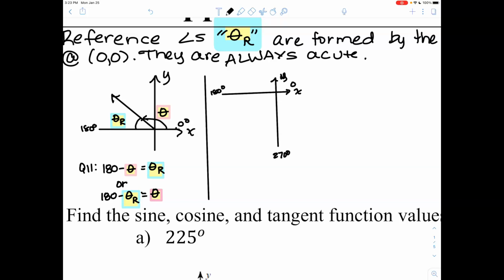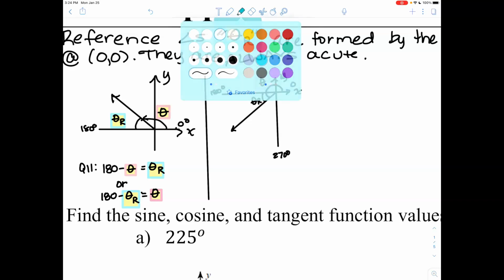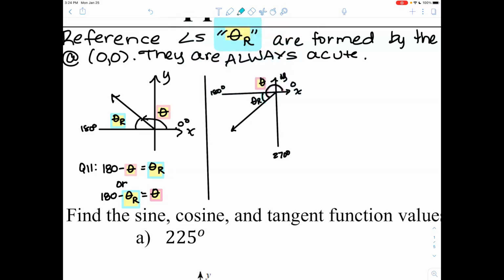Okay, and so if we have an angle theta that does something like this, then theta's reference angle will be here. And so I'm just going to highlight theta, which would be this angle here, versus theta's reference, which would be that angle there.